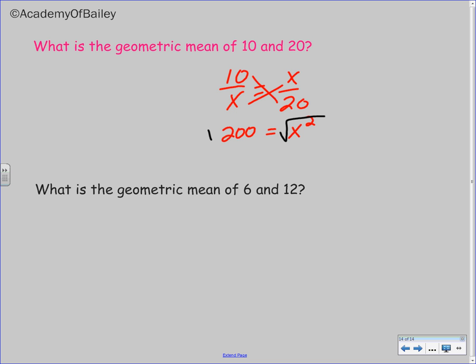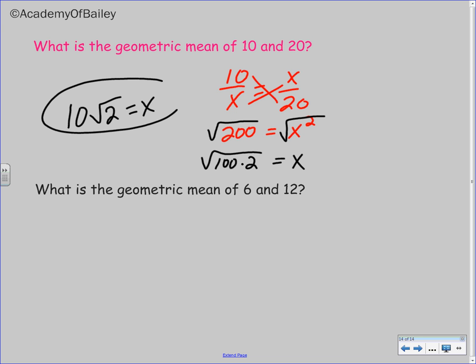Square root of both sides. So that leaves us with x is equal to the square root of 100 times 2. And we know the square root of 100 is 10, and the square root of 2 is square root of 2. That's what the geometric mean is, which is x in this case.